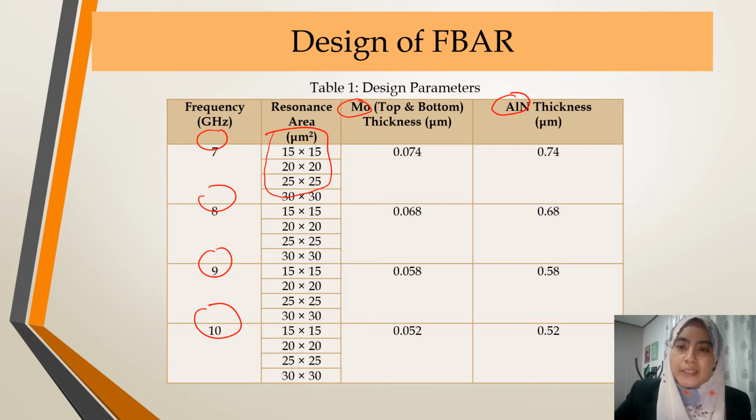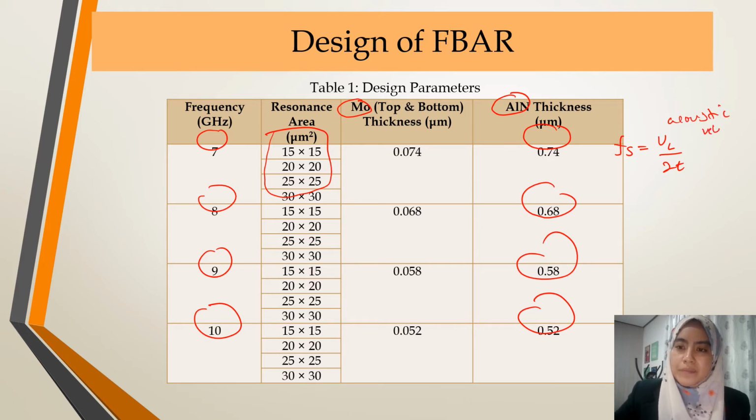So how do we calculate the thickness, as I mentioned in the previous slides. The resonance frequency of the FBAR is defined by the relation given as Fs equals VL over 2T. This is the acoustic velocity of the aluminum nitride, and this is the thickness and the frequency. So we can get these values from this relationship.